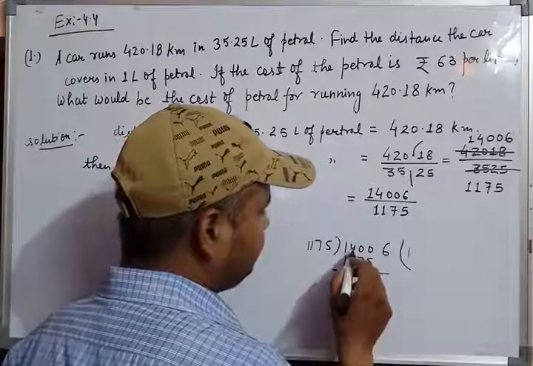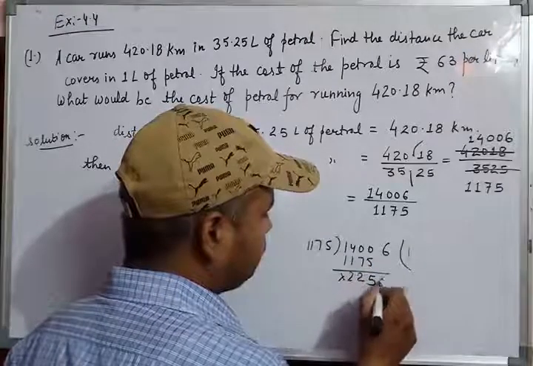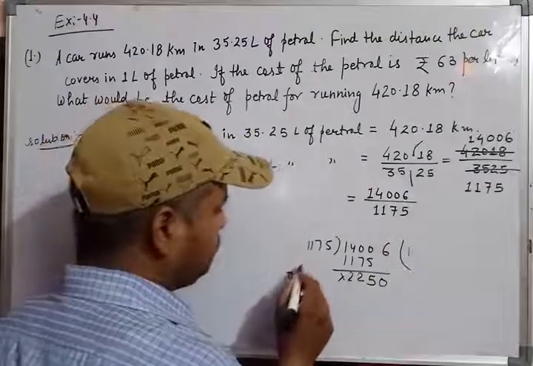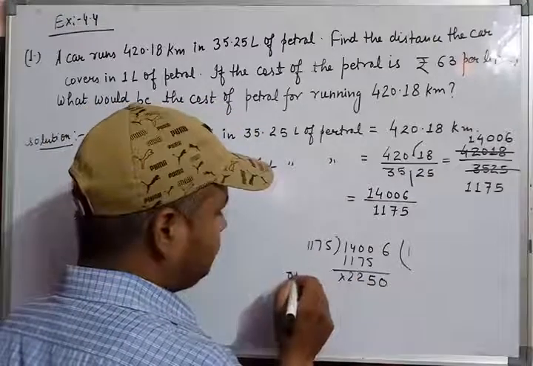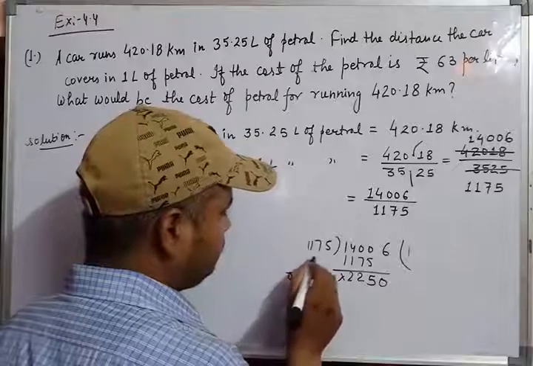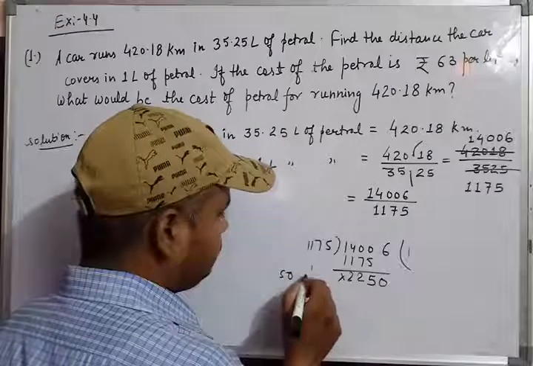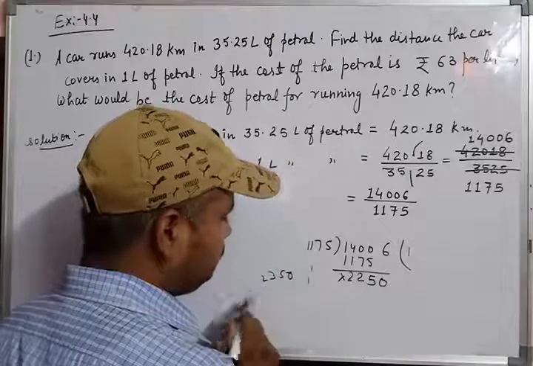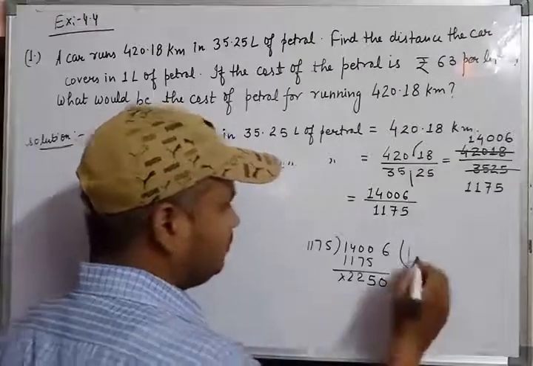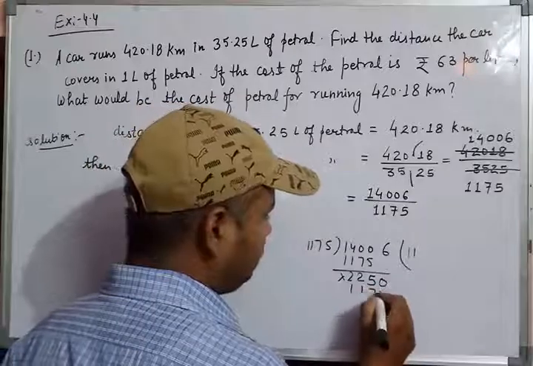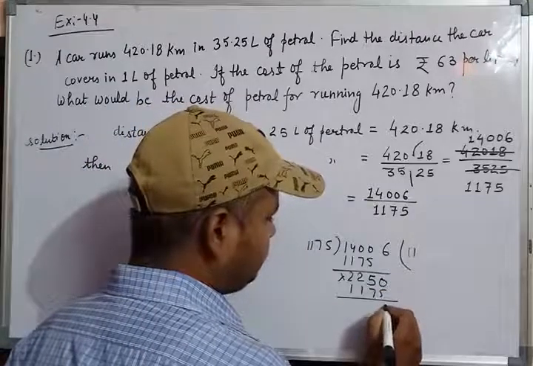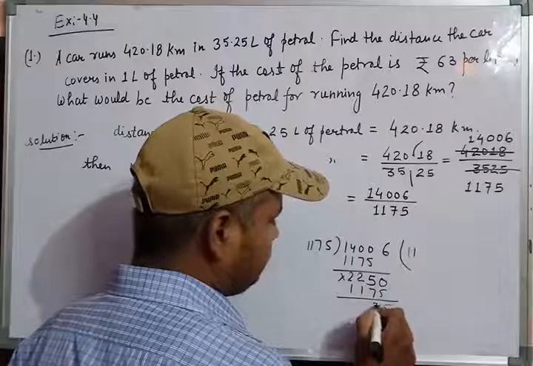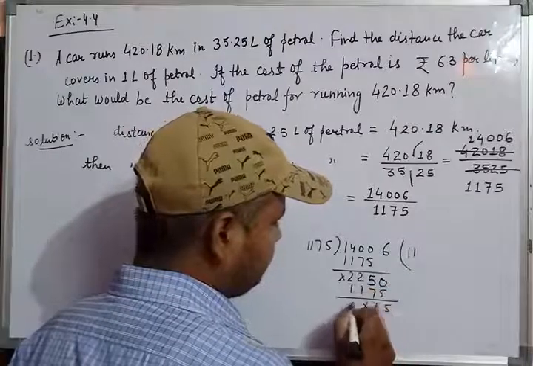Here 3 minus 1 is 2. 2 5s are 10, 2 7s are 14, 2 5s are 10. 2 3 6. 1 times 1175. 10 minus 5 is 5. Here 14 minus 1 is 7. Here 1.